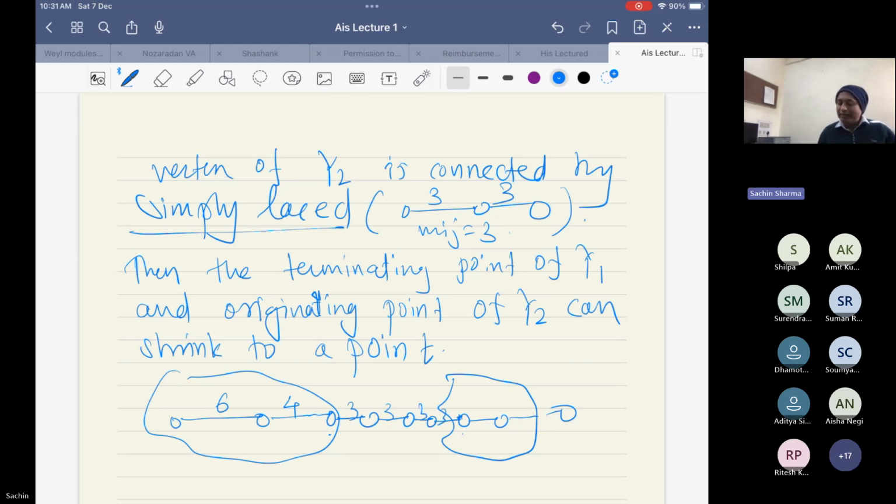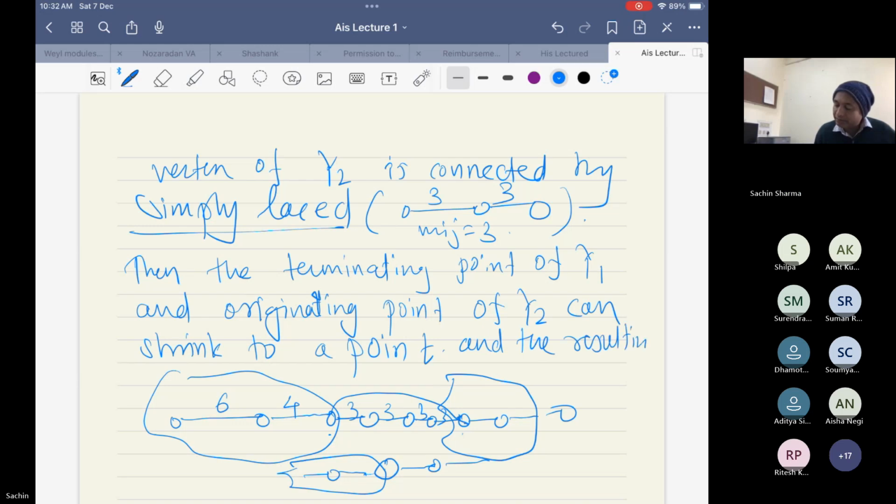And so what this result says is that in this graph, you can shrink these 2 points to become 1 point, and the resulting graph is still positive definite.